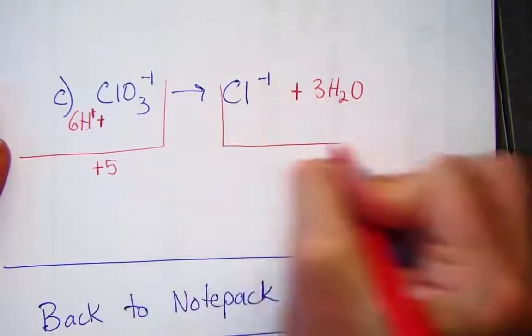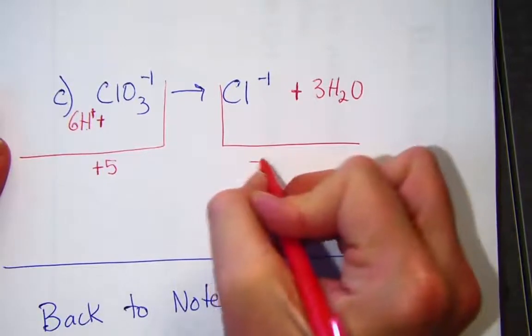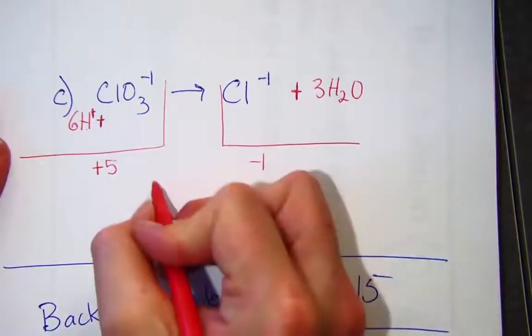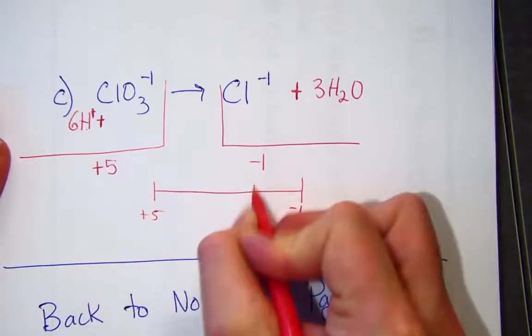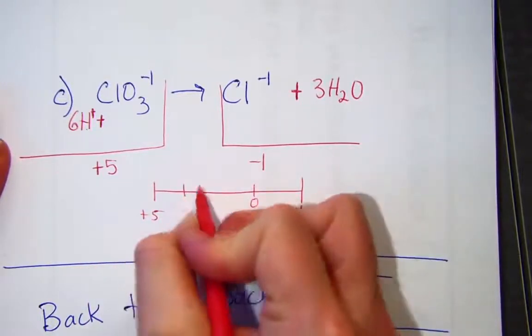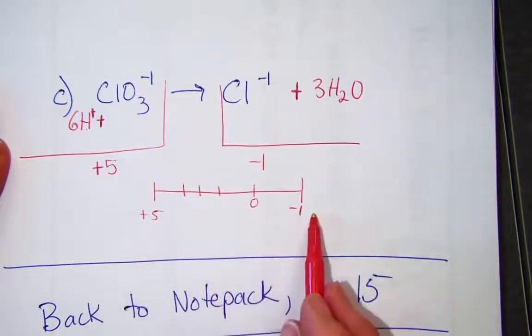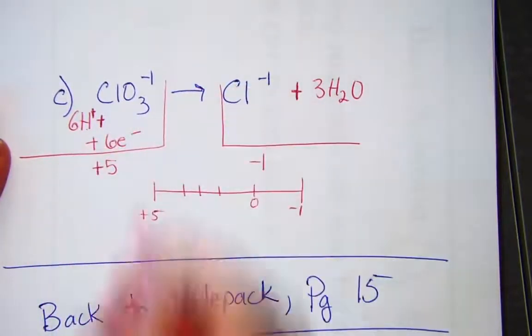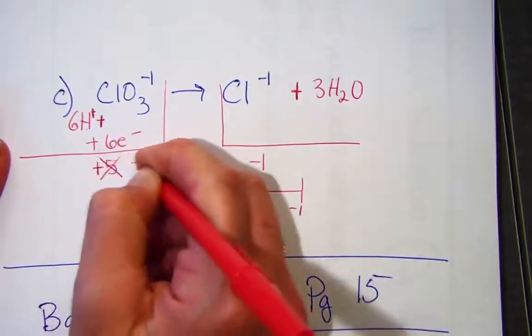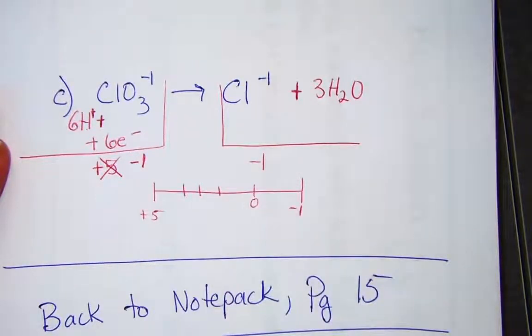The charge so far on the product side is a -1. We said, think of a number line. If I'm starting at +5, move all the way down to a -1, I'm going to have to move 6 units down on the number line. We added 6 electrons, changing this to the left now to become a -1 charge.